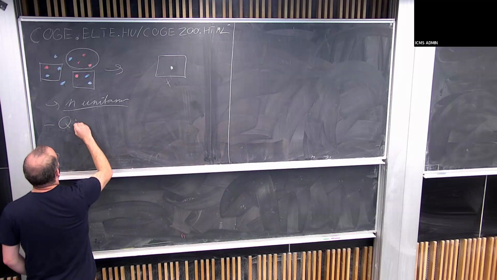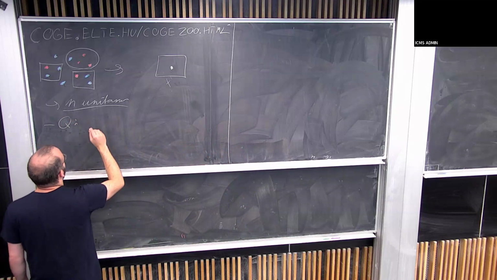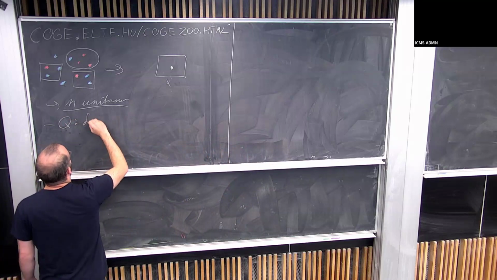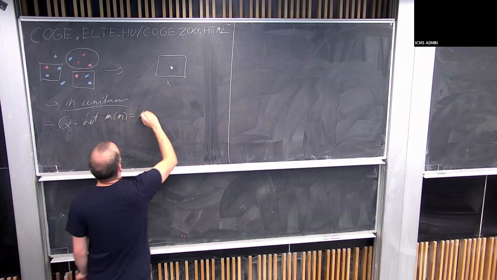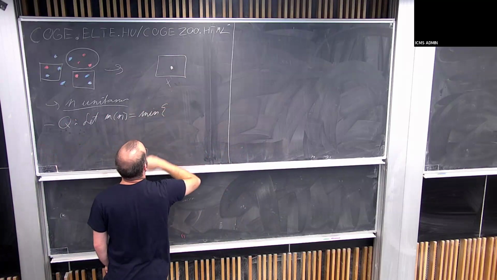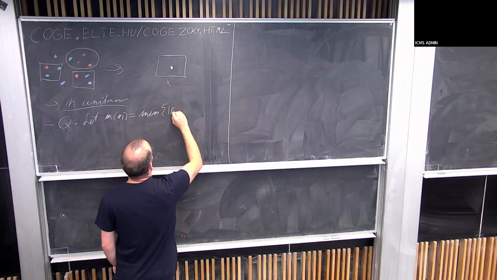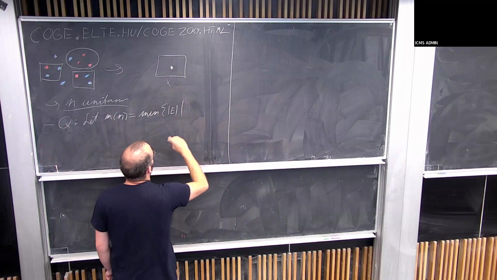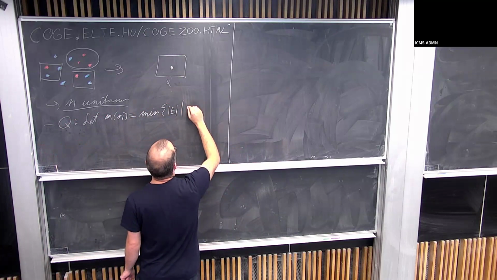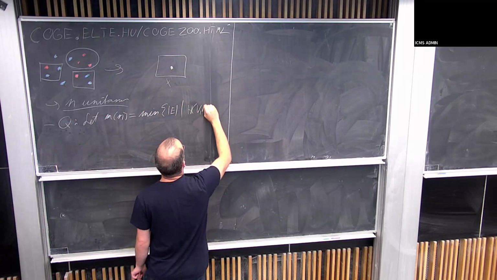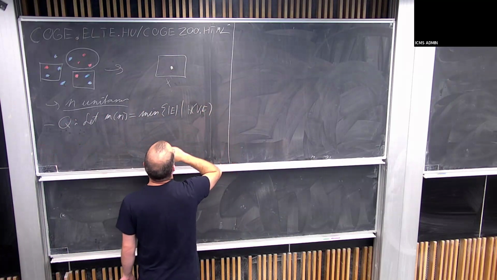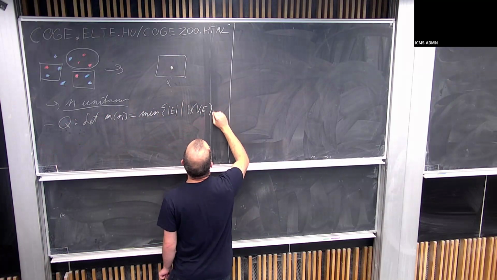So let's say, let m(n) be the minimum size of the edge set of a hypergraph that's not 2-colorable.